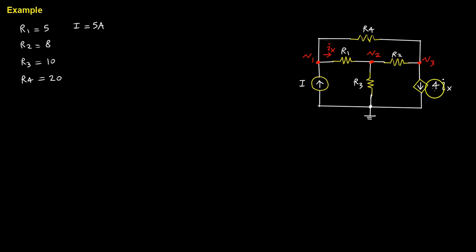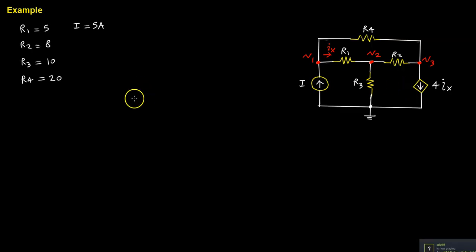In this case, we have 4Ix flowing through this branch, and that current Ix is the current that flows through R1. So if the R1 current increases, so does the current through this branch. So we're going to see how to handle a problem where not only do we have a 3 by 3 matrix now, but we also have a dependent current source in the mix.